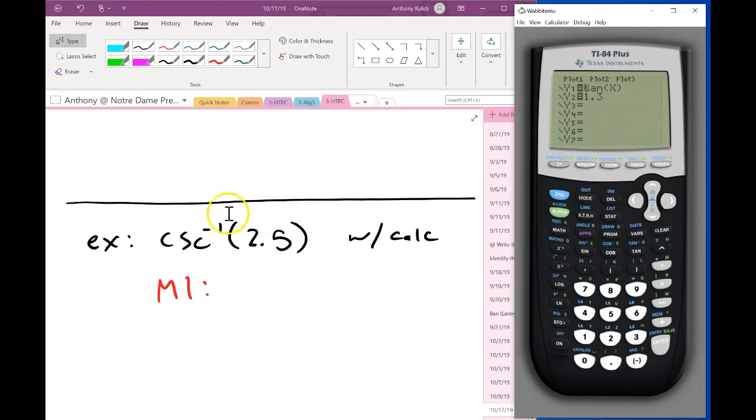I'm going to graph cosecant of x, not cosecant inverse, just regular old cosecant. How do I type in cosecant into my calculator? Cosecant is related to which other trig function? Sine. What is cosecant? 1 over sine. It's the reciprocal.